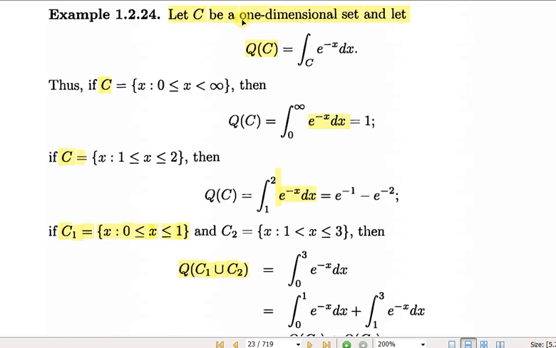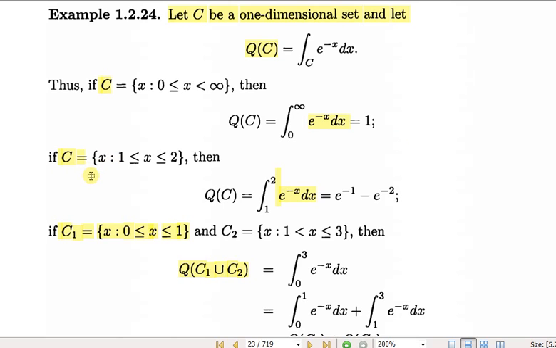Let C be a one-dimensional set and let Q(C) be the integral of e exponent minus x dx, and Q has a border, with the set C being one-dimensional x with this border. Q(C) equals 1 if we use this border in this integral, we will find 1.